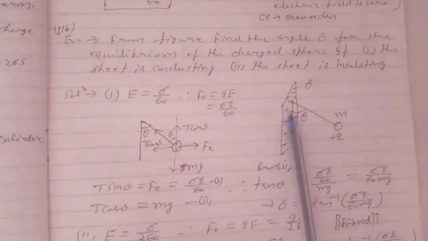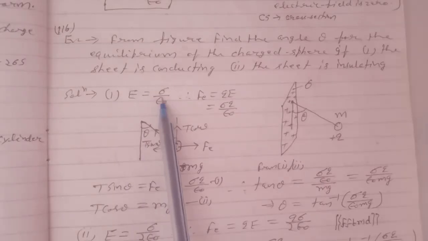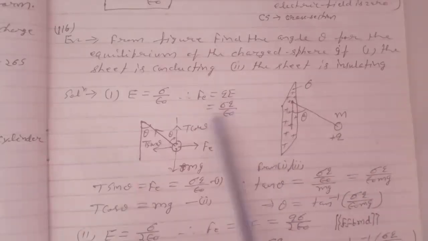So in this case, the electric field at this charge will be in this direction, and its value will be sigma by epsilon naught. Hence the force on this charge will be F equals QE, or sigma Q by epsilon naught.